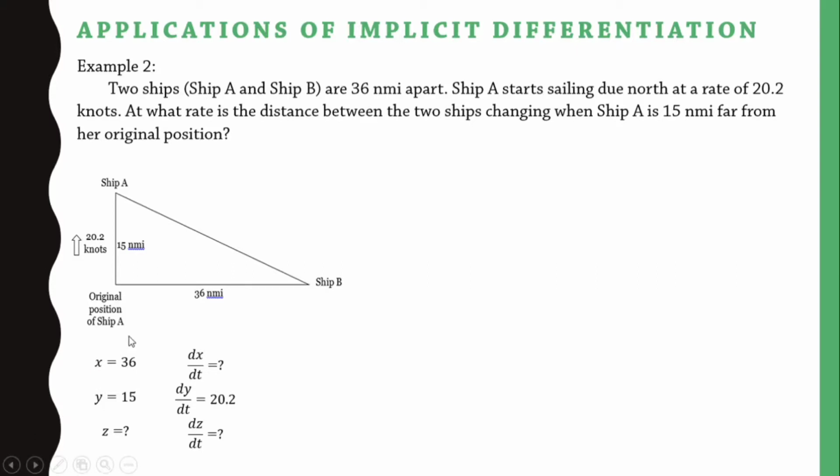So we have here the following from the problem. So x, or this horizontal distance, is 36 nautical miles. So that's why we have x equals 36. dx over dt, okay, we don't know that information yet. y is equal to 15 nautical miles, or this is the vertical distance here. dy over dt, or the rate of ship A, okay, so that's 20.2 knots.